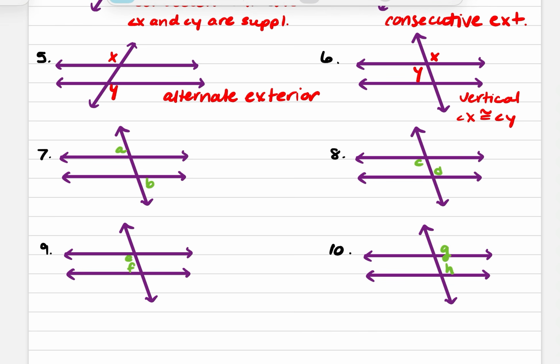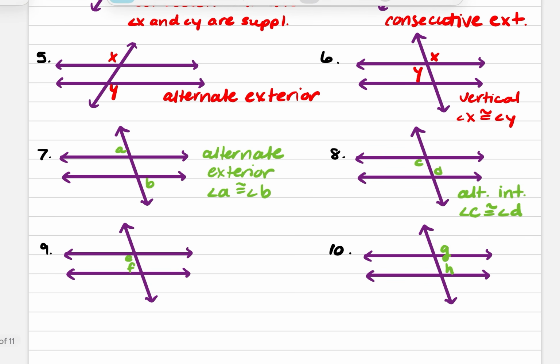Okay, assuming that you paused the video and tried these out, A and B here are alternate exterior. And I didn't ask you to do this, but angles A and B are going to be congruent. C and D are alternate interior. They will be congruent.